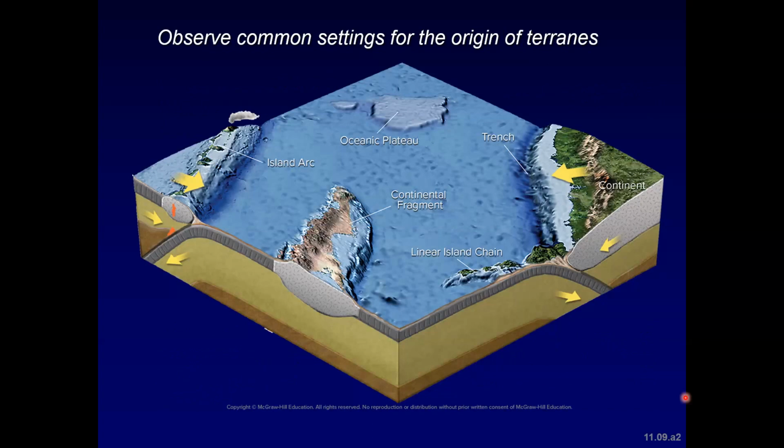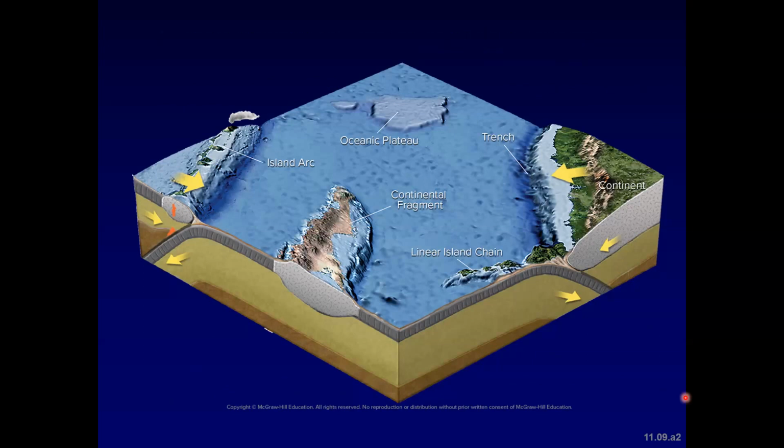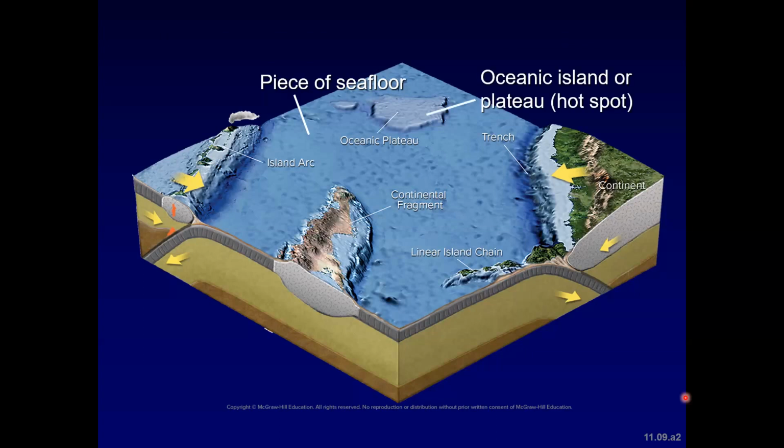So thinking about that, common settings for the origin of terrains. Got a piece of the seafloor here. Some terrains contain pillow basalt, deep sea sediment, and other attributes that indicate it originated as oceanic crust.